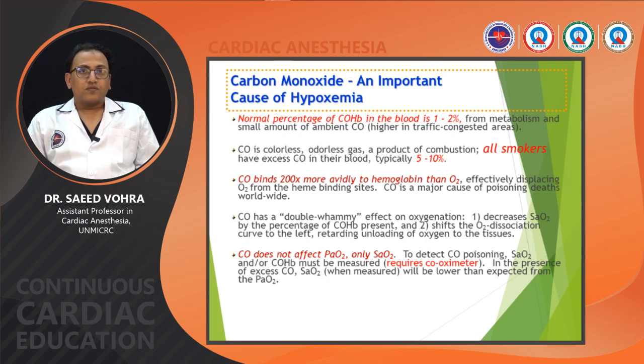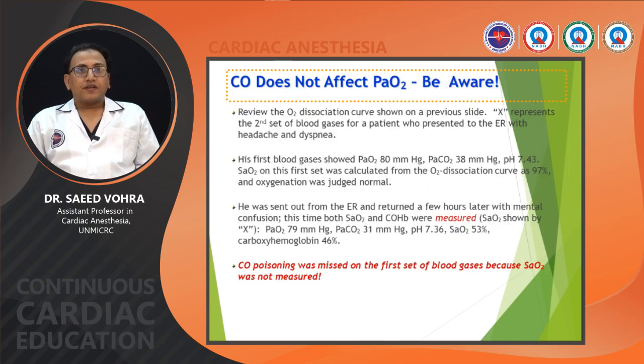To detect carbon monoxide poisoning, SaO2 or carbon monoxide must be measured, which is usually done in modern ABG machines. In the presence of excess carbon monoxide, the measured SO2 will be lower than expected from the PO2. As we know, carbon monoxide does not affect PO2, it affects SaO2.